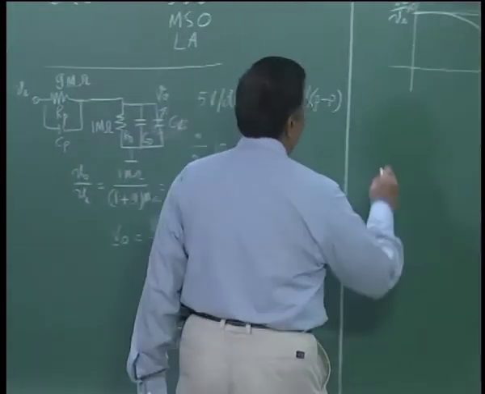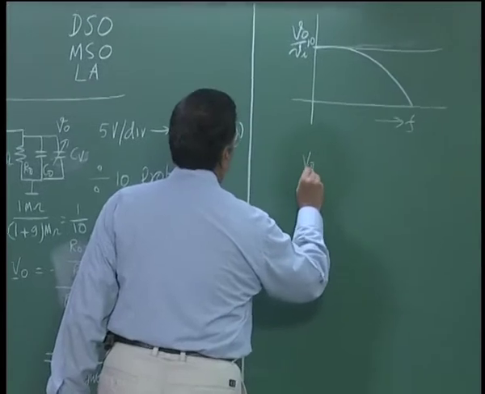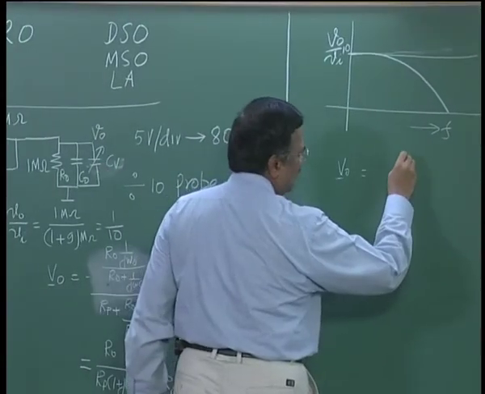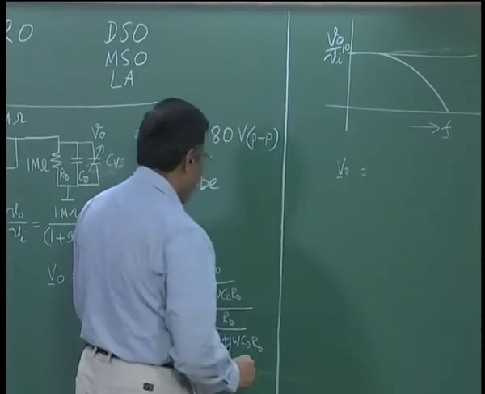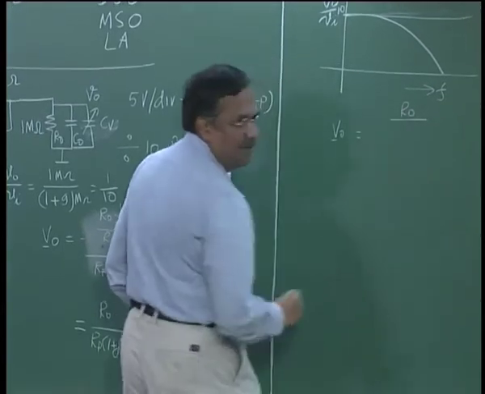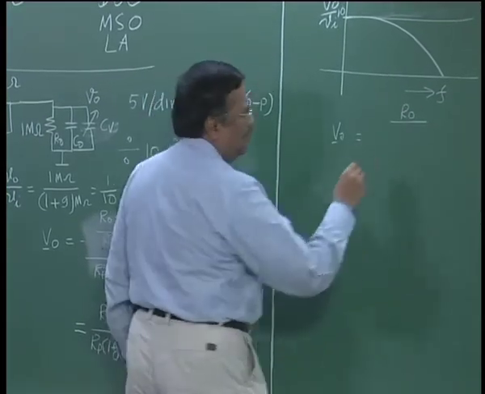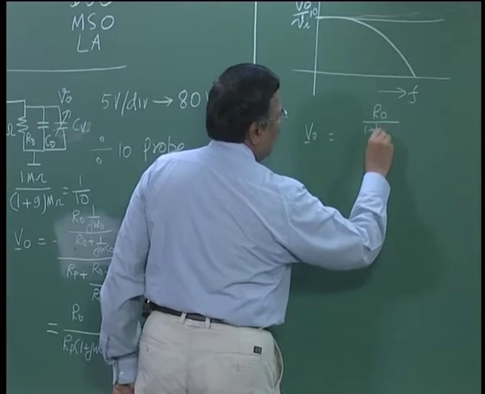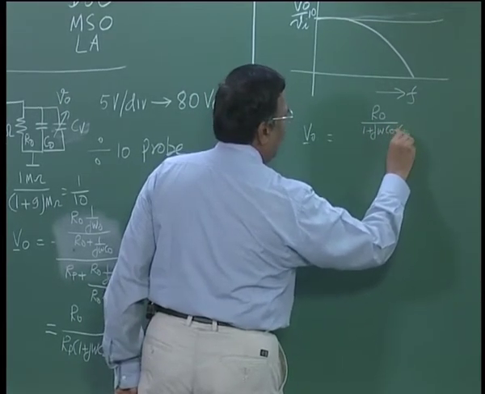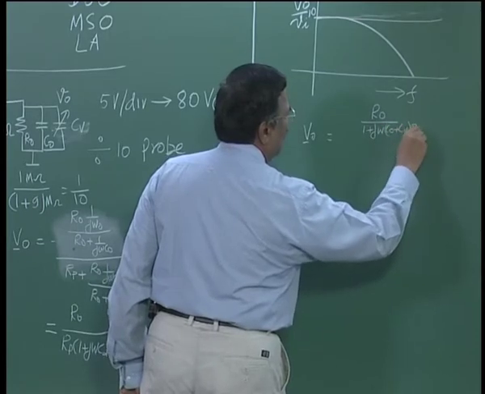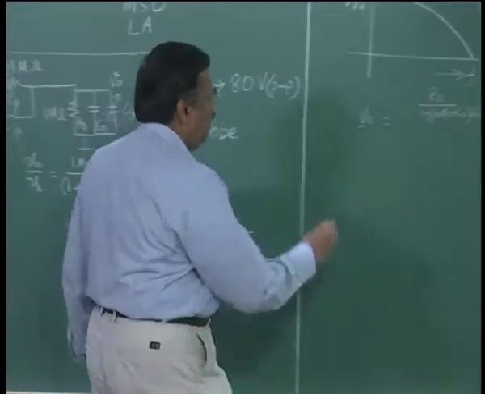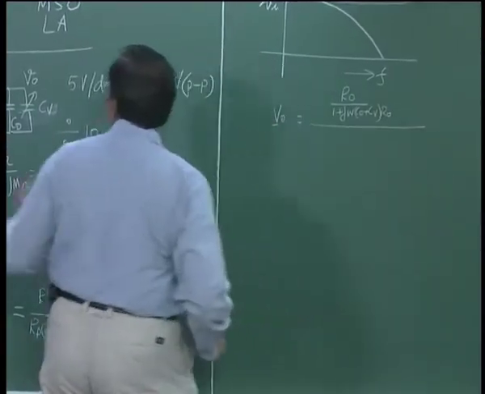So, I have V naught equal to this impedance, which is R naught by 1 plus j omega C naught plus C variable into R naught, divided by the total impedance.